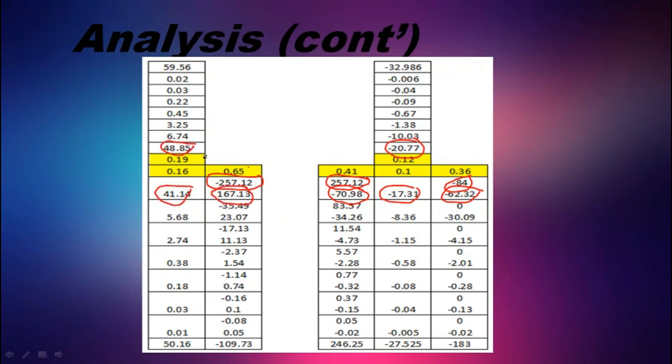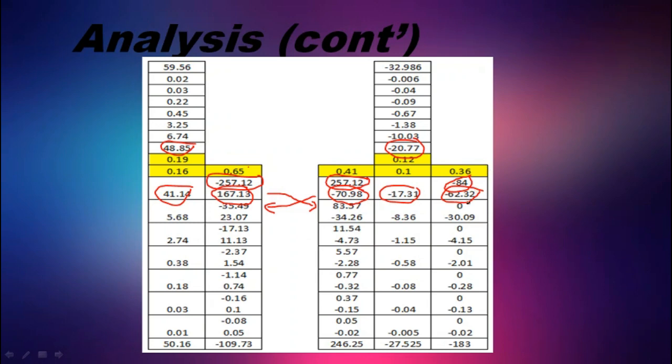Next, we will proceed to the carryover step, where the connected joints will be carried over to the other. For instance, joint A is connected to joint B by beam AB. Therefore, these values will be carried over to the other side. For joint B, BC is not connected to any joint.